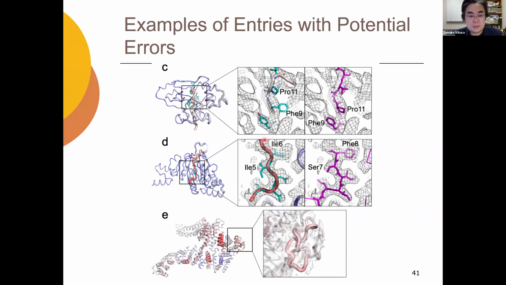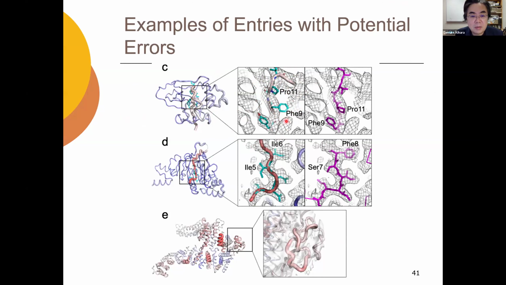This is some example of detected errors. In the first panel, the DAQ score complained about the middle part of the structure. The model is fitted into the density, but as you see, some of the side chains, like this phenylalanine 9, are exposed outside of the density.